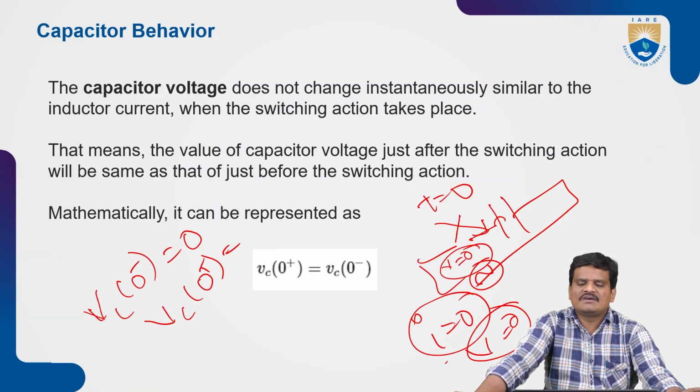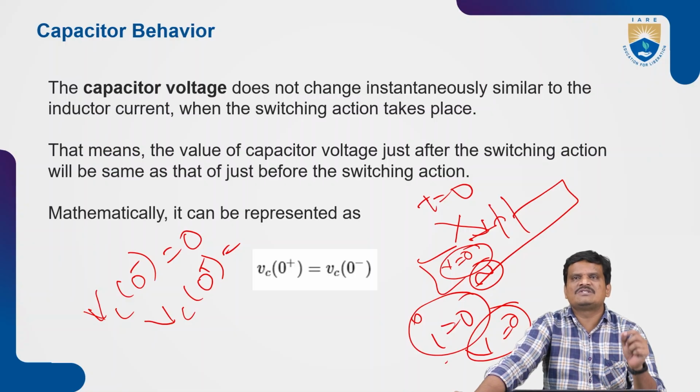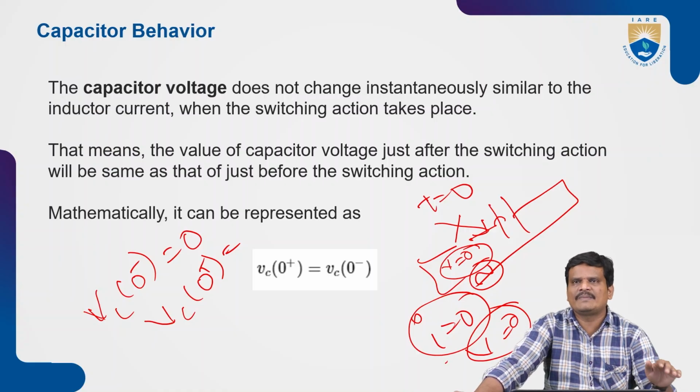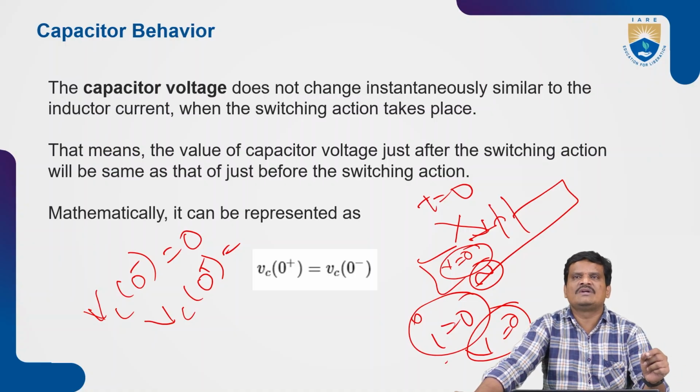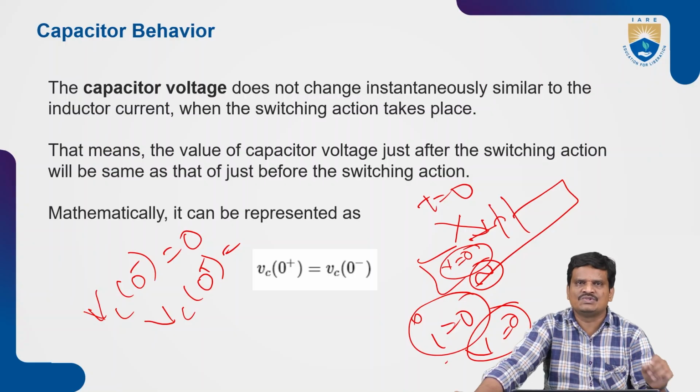When I close the switch, there should be some amount of voltage drop across the capacitor connected in the circuit. But it is not possible in this case because of the special property of a capacitor. What is that property? It opposes the sudden changes in the value of a voltage. Before closing the switch, the voltage across the capacitor was 0.